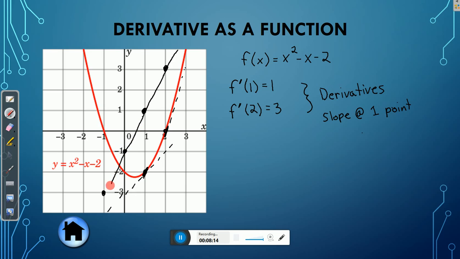a nice linear line. And so instead of doing this over and over again, the slope or the derivative at any number x is equal to that straight line. It's got a slope of 2 and a y-intercept of -1. And so this is our derivative function.